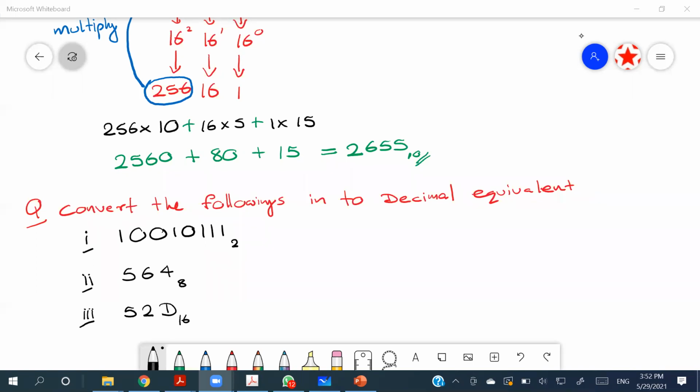Yeah, Sulakdi, the answers are correct. Well done. Januki, yes, answers are correct. Well done. Dinelka, yes, all answers are correct. Well done. Ravindu, third one has a problem.